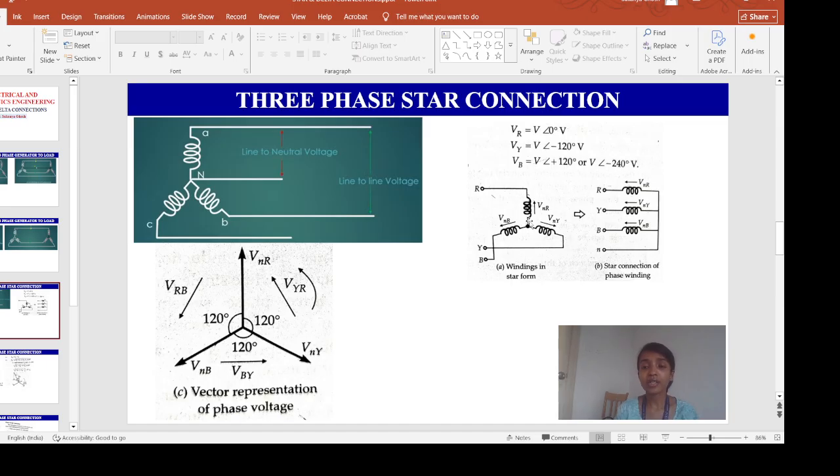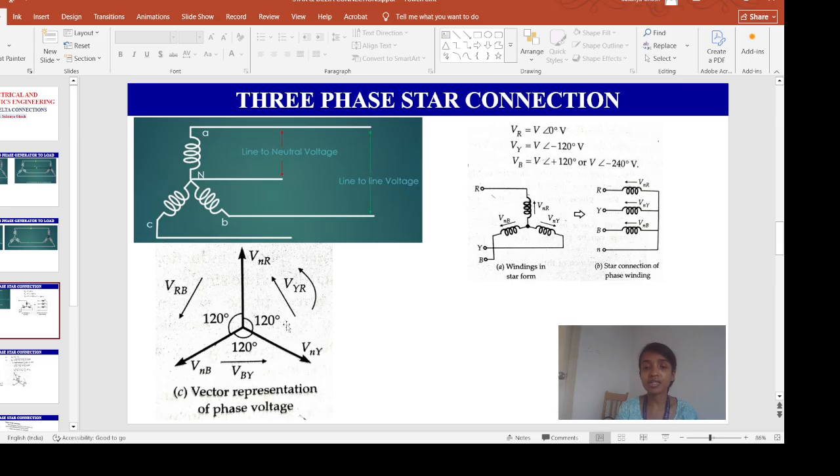And what is the phase difference between each of them? It is 120 degrees. They are 120 degrees out of phase from each other. So how can we represent this? My VNR, VNB, VNY are my line to neutral voltages or phase voltages, and these VR, VY and VB are my line to line voltages.